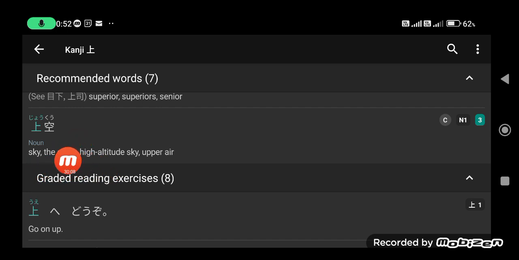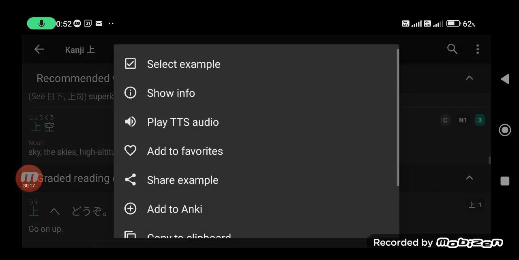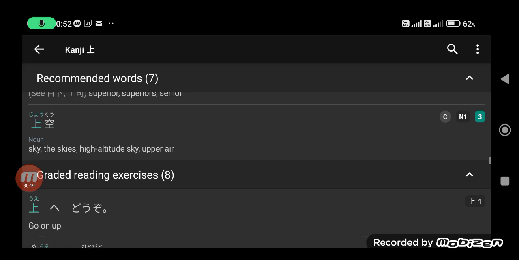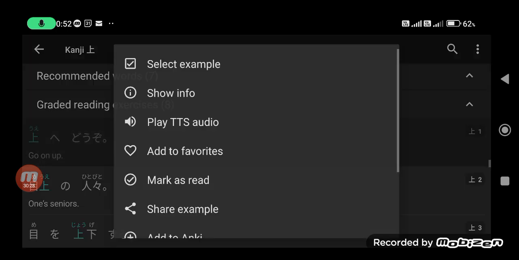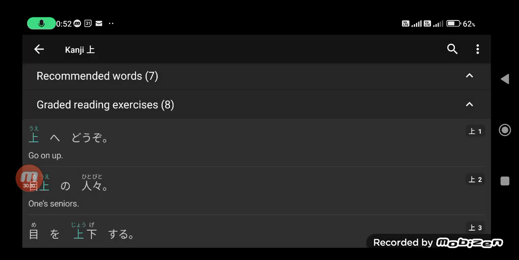Let's say you're in a plane. Joku is a noun, an altitude when you're in a plane in the skies. 上空. Okay, so some phrases. 上へどうぞ. Go on up.